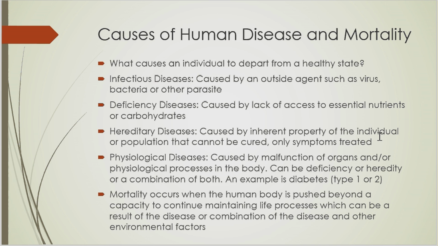Okay? Physiological diseases, the last type of disease, are caused by malfunctions of organs and or physiological processes in the body. And they can be deficiency or hereditary or a combination of both. It's usually a combination of both. So physiological diseases are caused by a malfunction of organs and or physiological processes in the body.